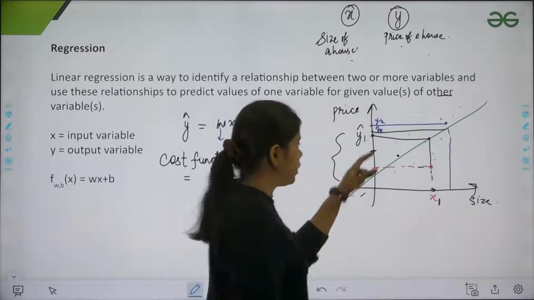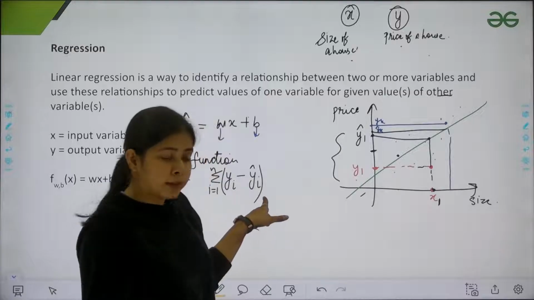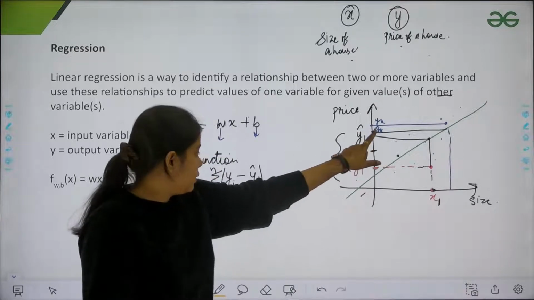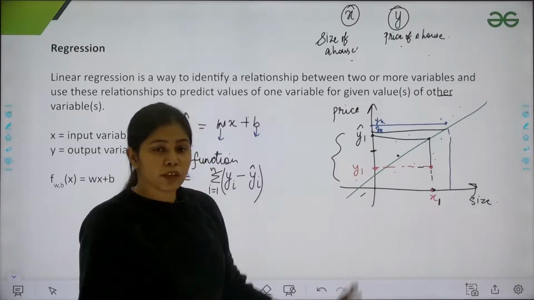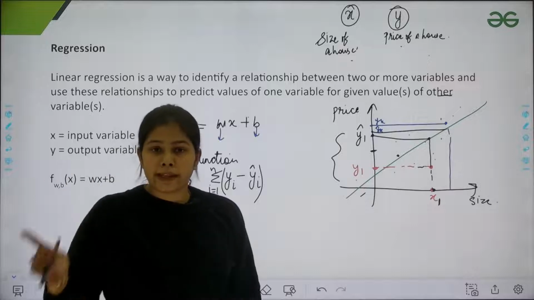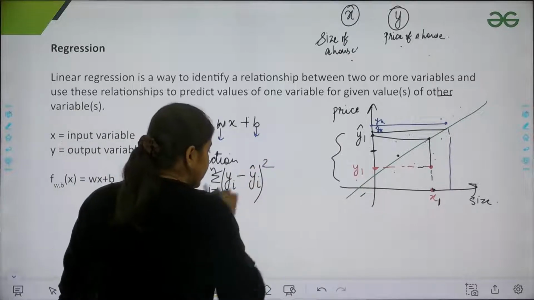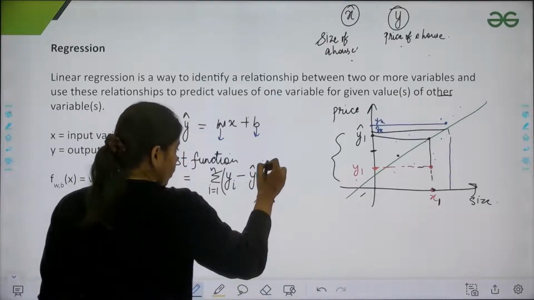Now yk cap is less than yk. So this value is negative for y1 and positive for yk. So now errors get cancelled out because of positive and negative. Because of that, I'll take a square here, right? That's why I'm taking a square in the cost function.